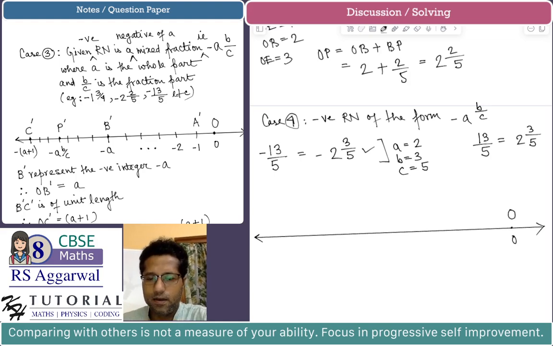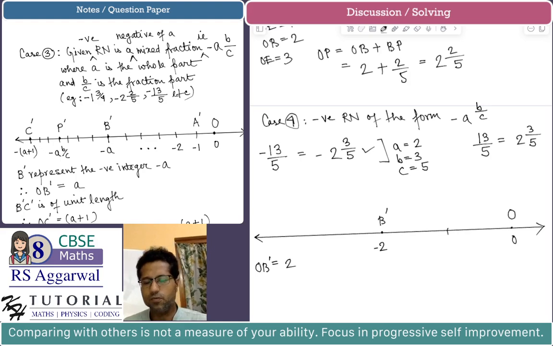So first we take the point B dash to the left hand side of origin O at distance 2 from O. Why 2? Because a is 2. So this B dash represents the integer minus 2, since OB dash is 2 units from the origin O to the left hand side.